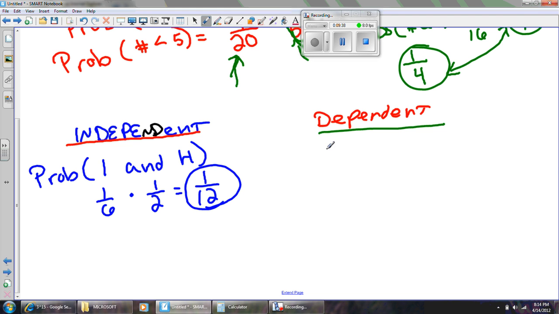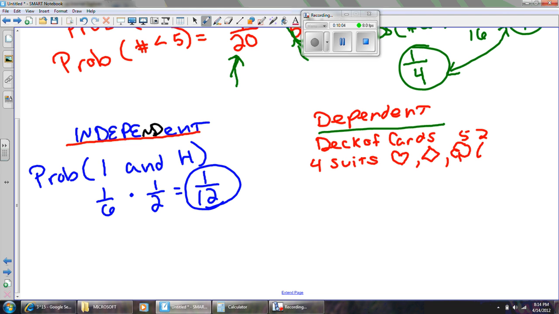All right, for dependent events, might be a situation like I have a deck of cards. And remember, there's 52 cards in a deck. There's 4 suits, right? The suits are hearts, diamonds, clubs, and then spades. Okay, and remember the clubs and the spades are black, and the hearts and diamonds are red.